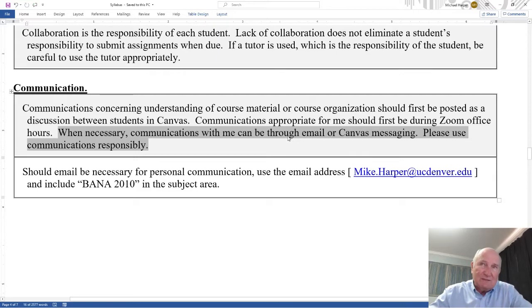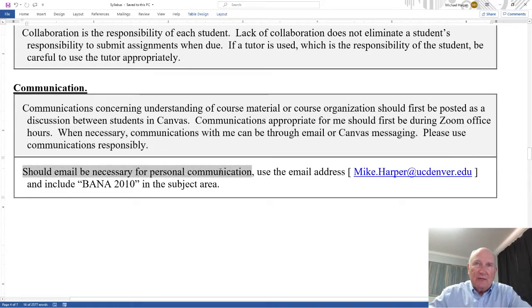Email is used when necessary, but be very careful using those and only use them when they're necessary and use them responsibly. Should email be necessary for personal communications, use this email address and make sure you say BANA 2010. You can ask me a question. If I don't know what course you're in, I could answer that question relative to another course.